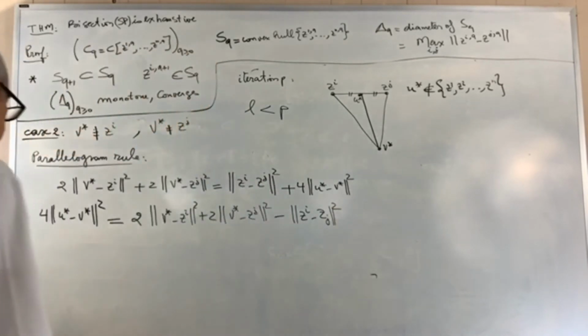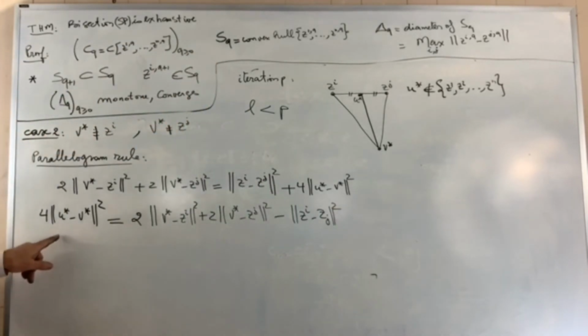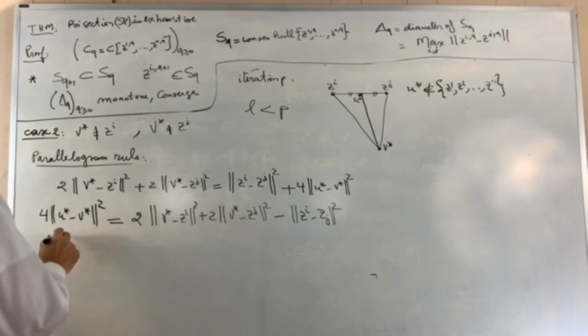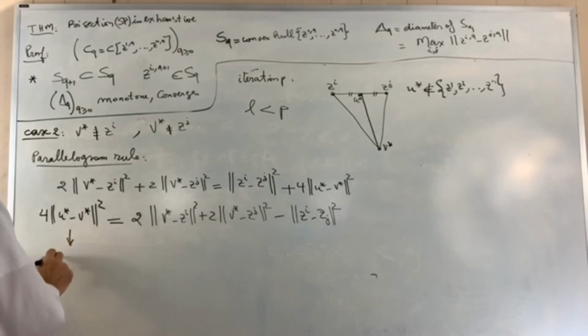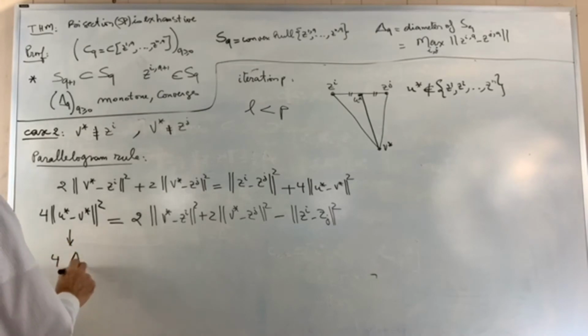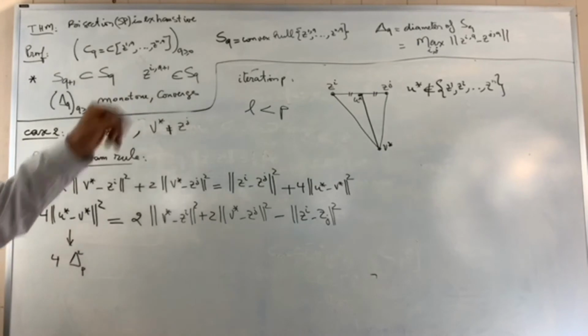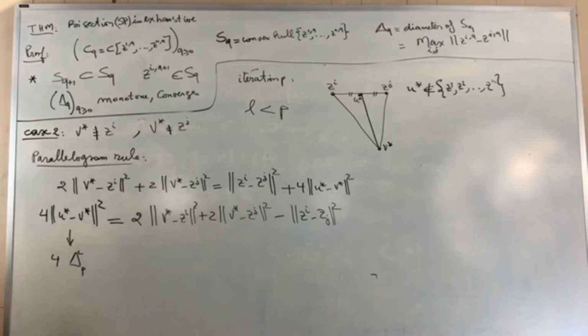Okay. Now, this is 4 times delta P squared, right? Because u star, V star is the longest edge. So this is 4 times delta squared.